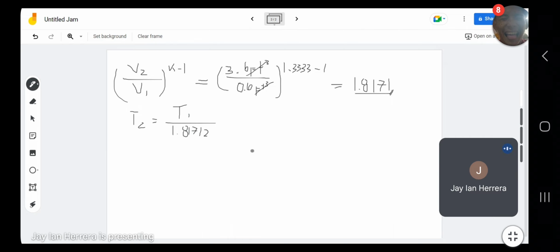Sa calculator, laging wag niyong putulin sa four decimal. Either you can set it as the answer variable or i-shift store muna sa ibang variable, then recall nyo na lang.